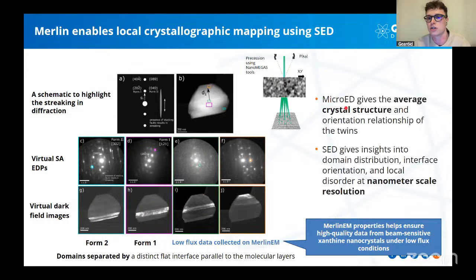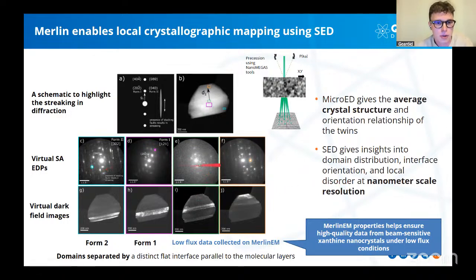What I'm trying to show here is that first she obtained these microelectron diffraction data sets, which gave her this average crystal structure. And what I didn't talk about is the orientation relationship of the twins. Then she applied scanning electron diffraction to these nanocrystals, which gives insights into the domain distribution, the interface orientation, and also the local disorder.